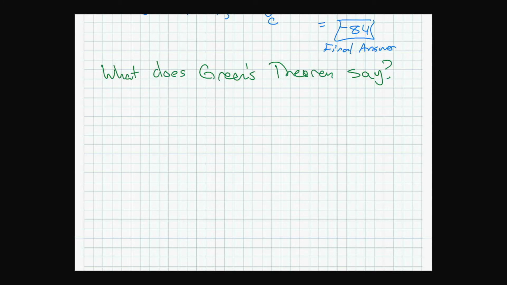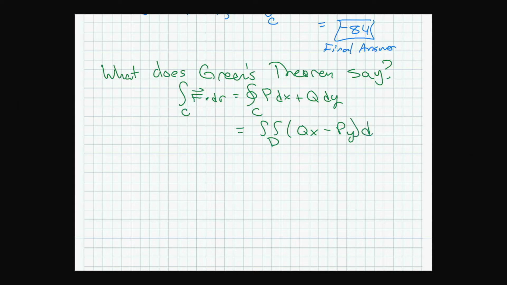Normally, it says that an integral over C of F dot dr, provided that those individual pieces meet some definition, so that is the integral over C of P dx plus Q dy, one's P, one's Q, is going to be the double integral over D of Qx minus Py dA. Okay, so that's what Green's theorem says.